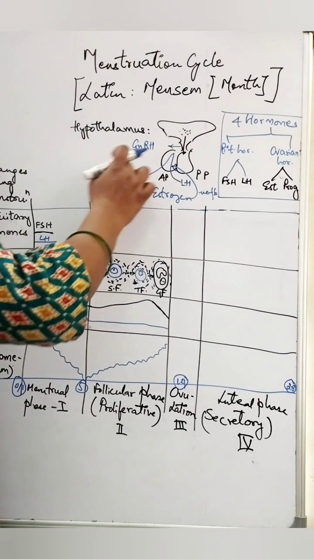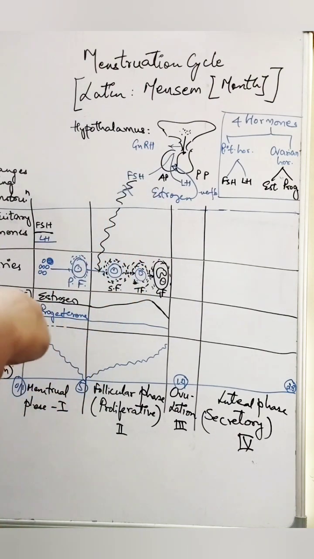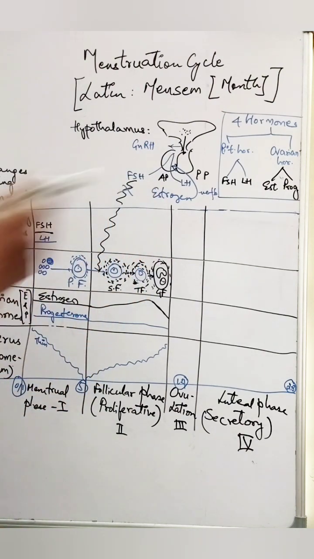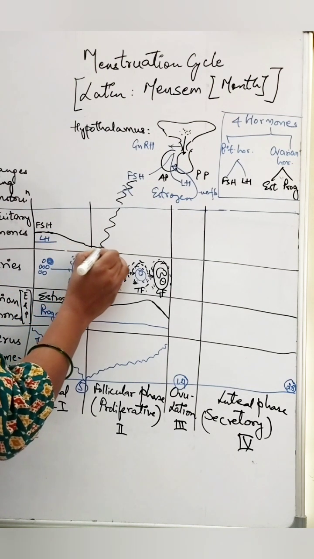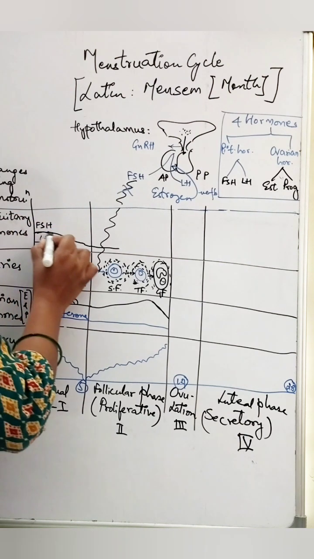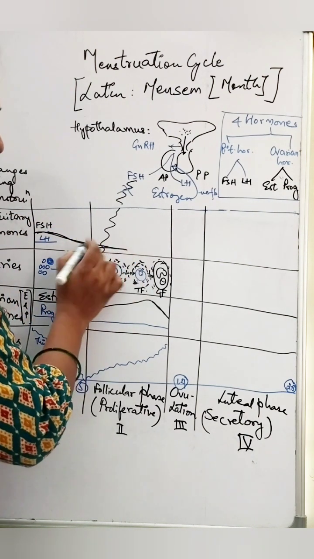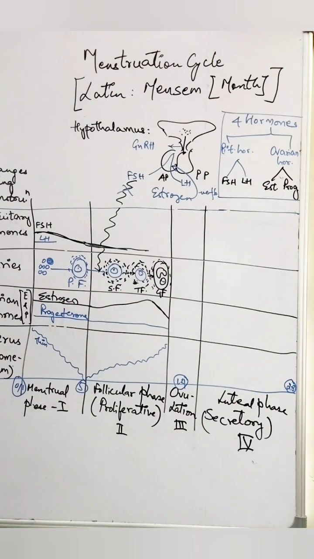So when the FSH supply is less, what is going to happen now? Suddenly, the FSH line will get declined. It will get declined here. Okay, so FSH will be slowly declining here. But the magic is what?